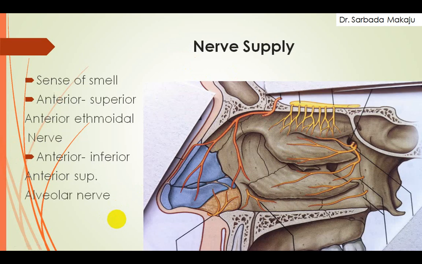Now the nerve supply. The sense of smell is supplied by the olfactory nerve, and the anterior superior part is supplied by the anterior ethmoidal nerve. The anterior inferior part is supplied by the anterior superior alveolar nerve.